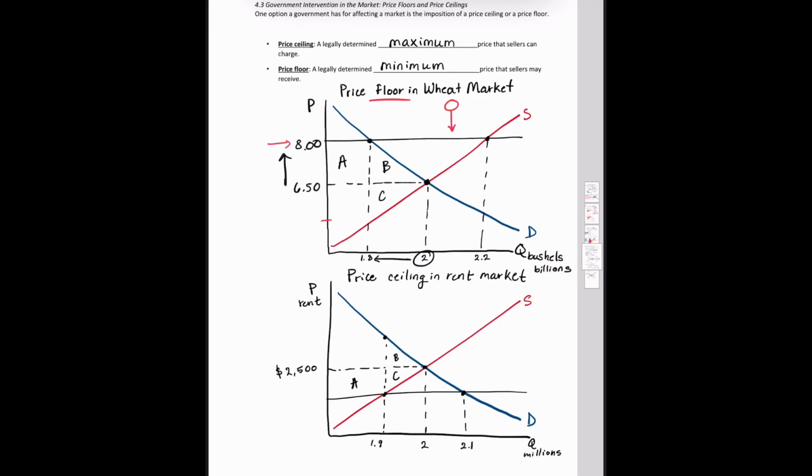So let's go ahead and I'll try to label this. Remember, B and C is going to be deadweight loss at this new implemented price floor. A is going to be now producer surplus.